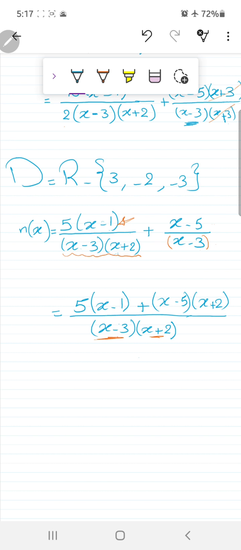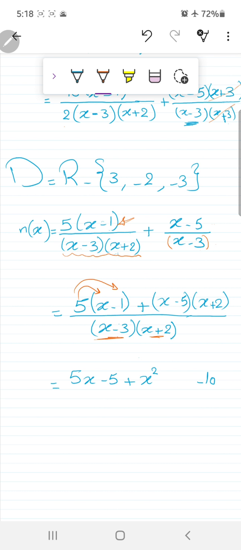Okay, simplify. So we have here 5 times x and 5 times negative 1. So 5 times x will be 5x. 5 times negative 1 will be negative 5, plus 2 brackets here as we studied last year, x times x, x power 2. Negative 5 times 2 will be negative 10.